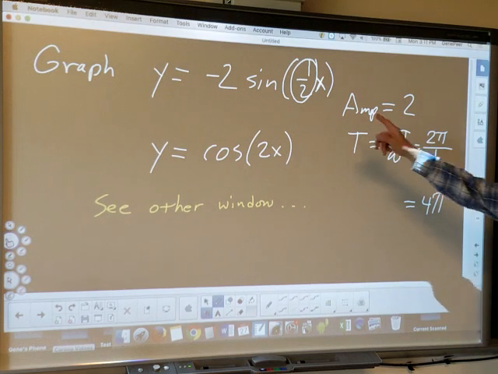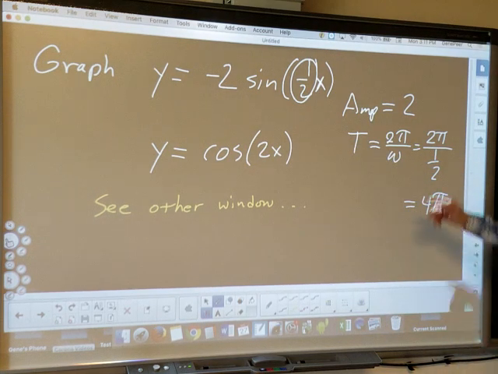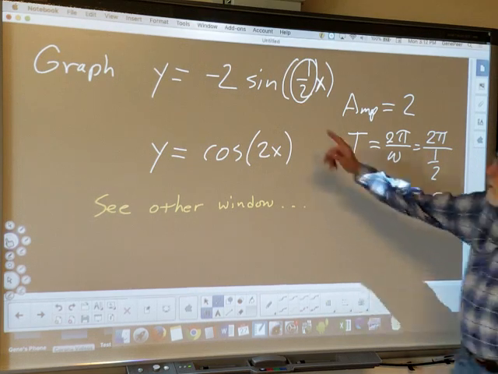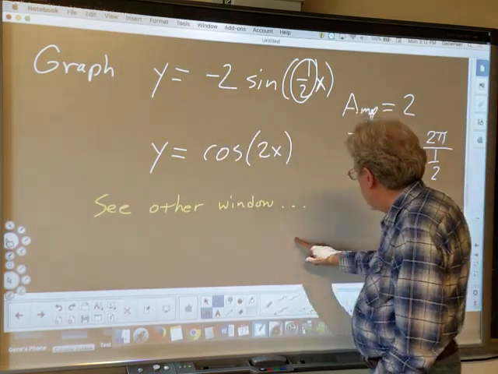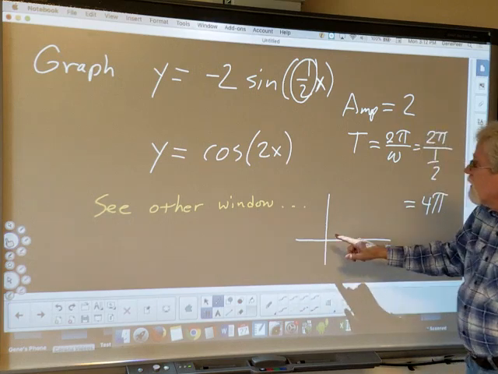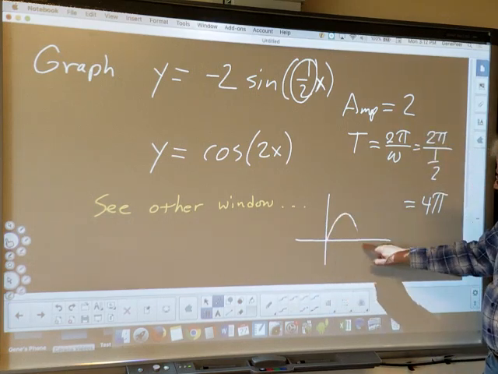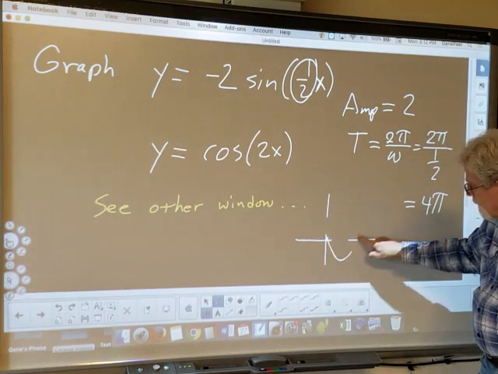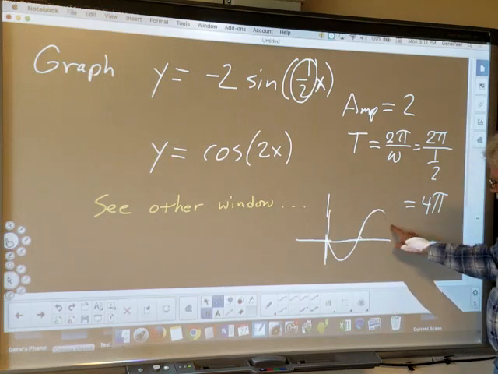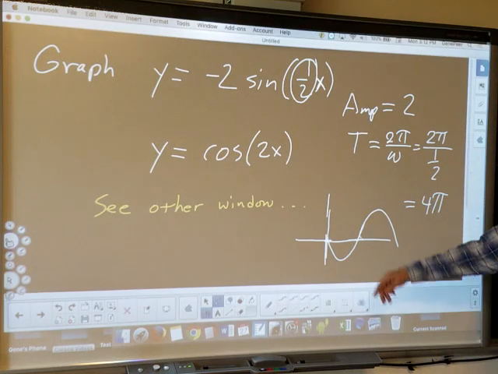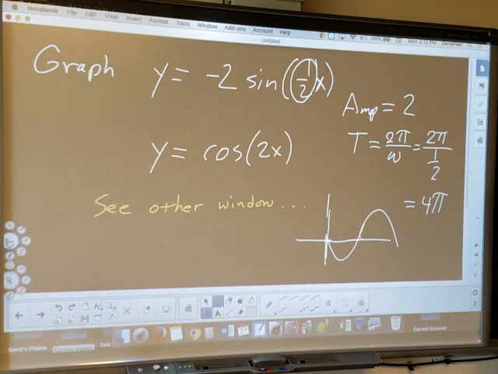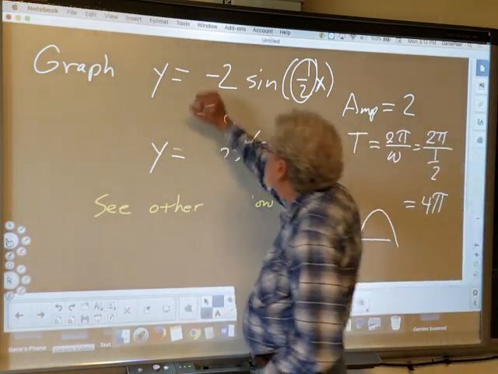So this thing has a period of 4 pi and an amplitude of 2. And by the way, because it's -2, instead of going in the usual direction, it'll go in the opposite direction. It'll look like that, with an amplitude of 2 and a period of 4 pi. Let's take a look at what that looks like.